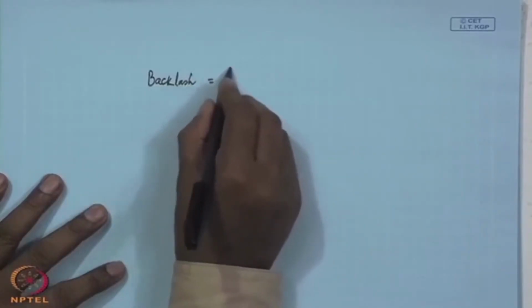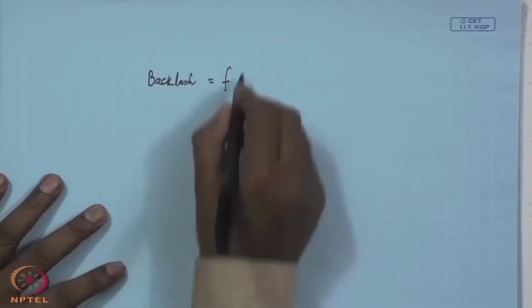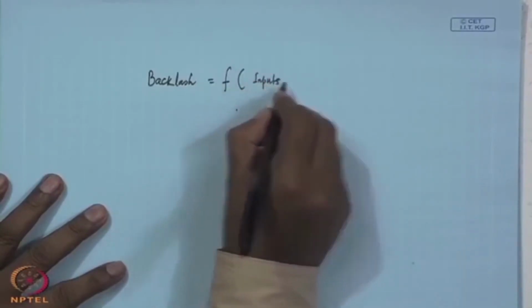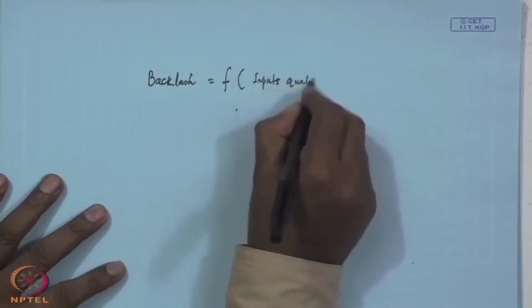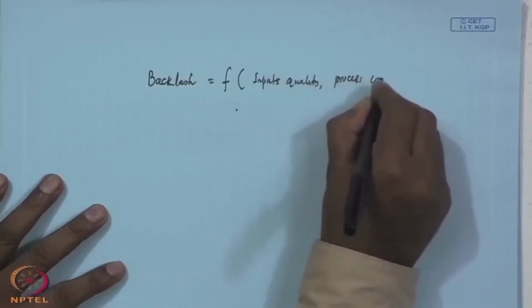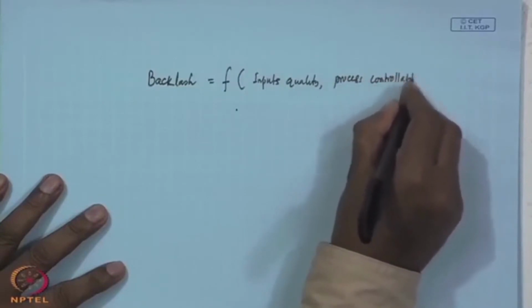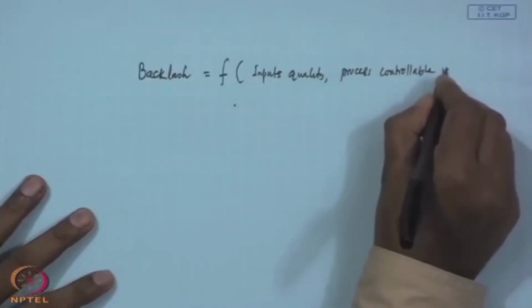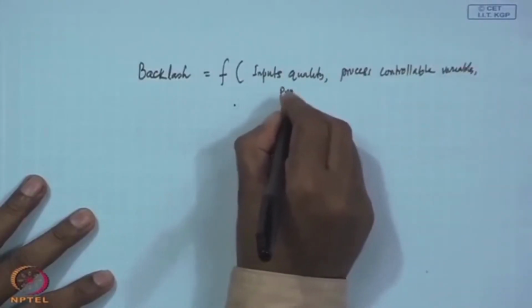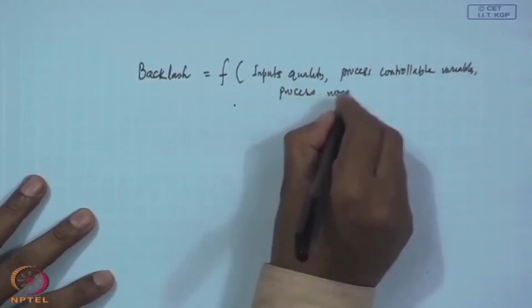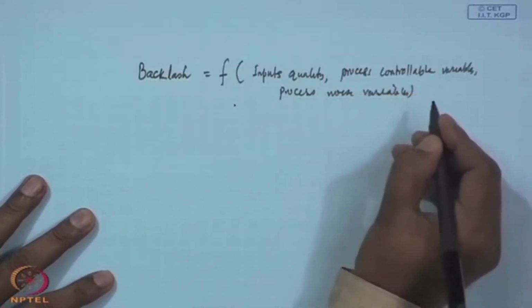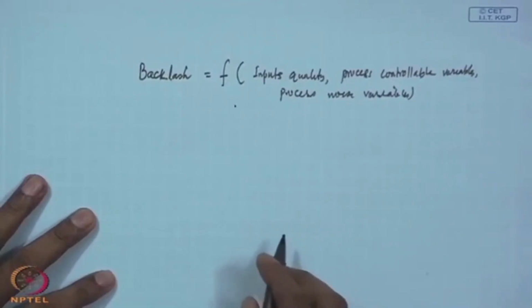can be a function of the input quality, the process controllable variables, and the process noise variables.